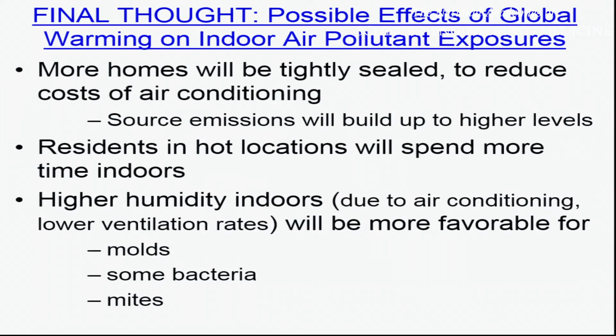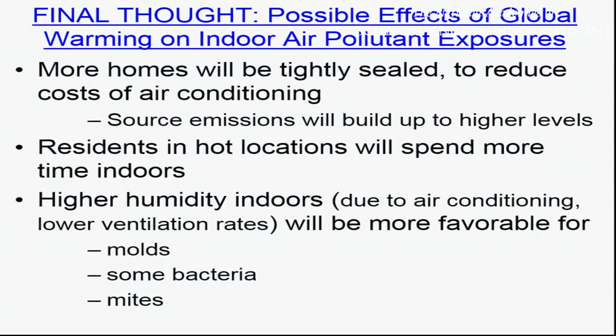And as a final thought, because it's time for me to finish up, as we go through our experiences on global warming and how they might impact the indoor environment, what jumps out to me is that to reduce costs of air conditioning, people are going to put more effort into tightly sealing their homes, lowering the air exchange rate that Brent talked about.